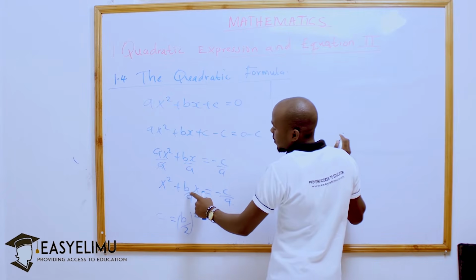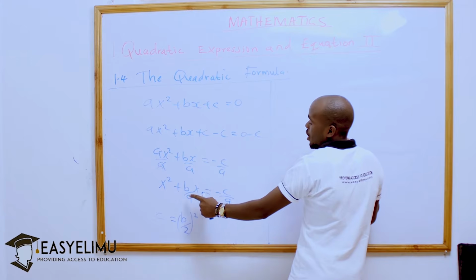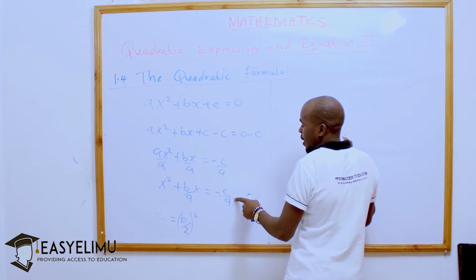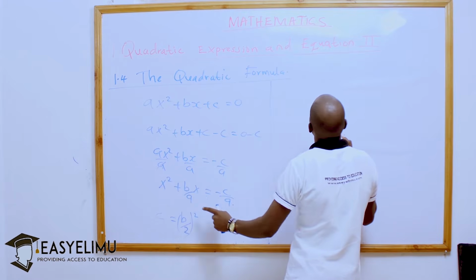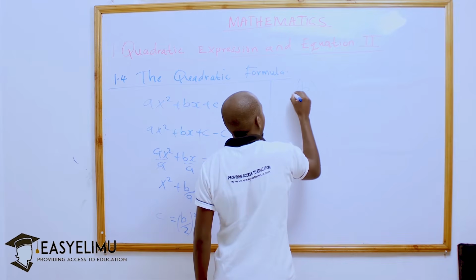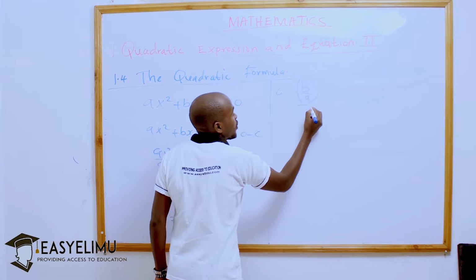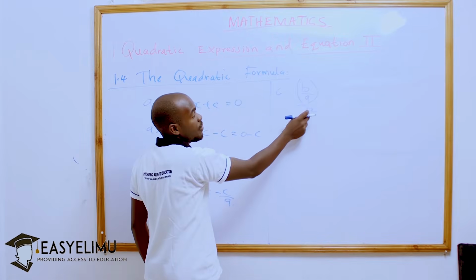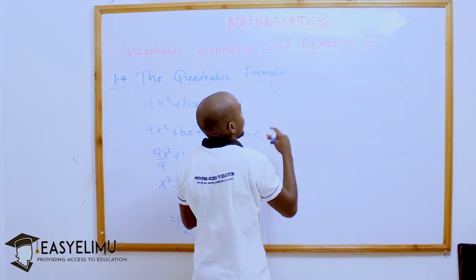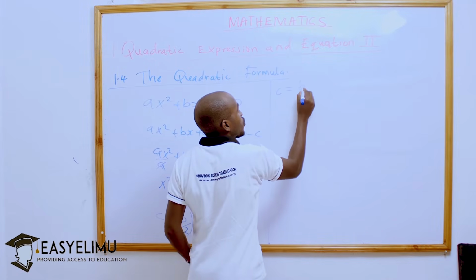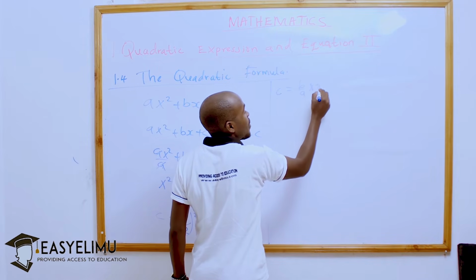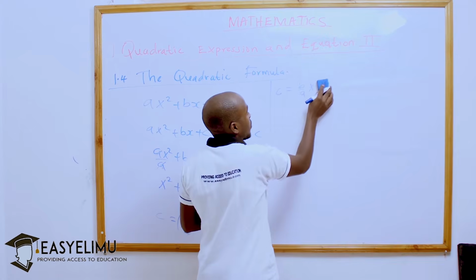But now our b is equal to b over a. The coefficient of x in this quadratic equation we have formed is b over a. So we are going to have b over a, but this one is over 2. If it is over 2, it is the same as multiplying by a half.